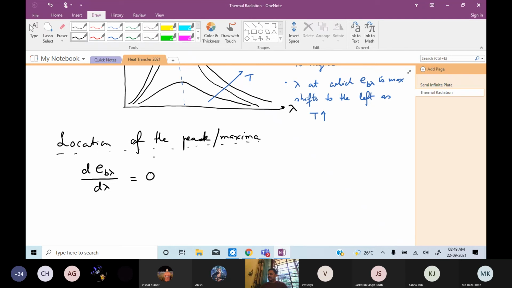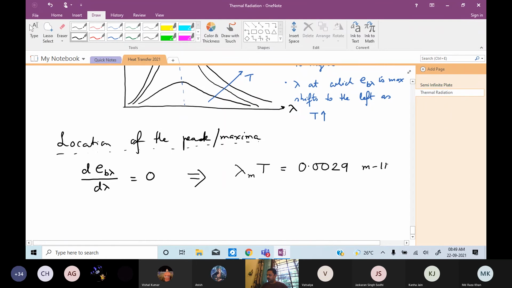So finally, this results in lambda m, because this is the lambda at which E_b lambda is maximum, times T is equal to 0.0029 meter Kelvin.